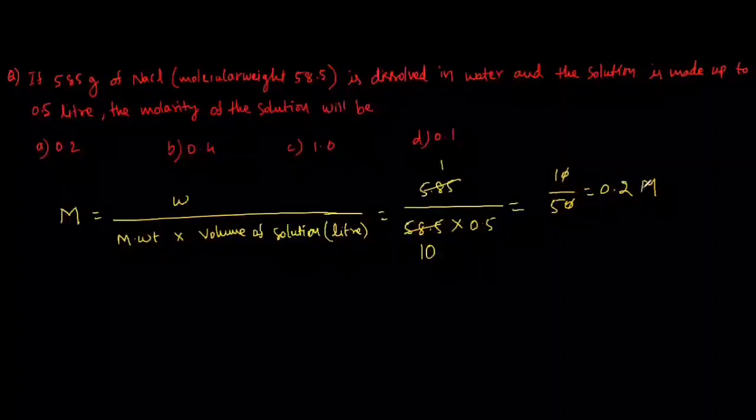If 5.85 grams of NaCl is dissolved in water and the solution is made up to 0.5 liter, the molarity of the solution will be 0.2. The right answer is option A.